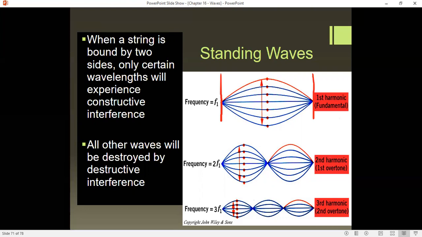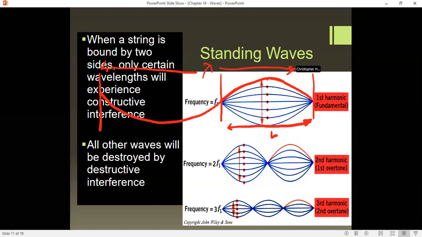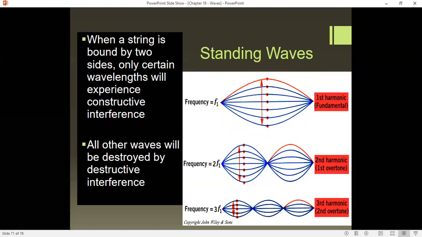The actual wave itself for the fundamental is twice as long as the actual length of the string. I didn't do a very good job drawing that, but basically the full wavelength is equal to twice the length of the string. That produces my lowest frequency, or my fundamental.